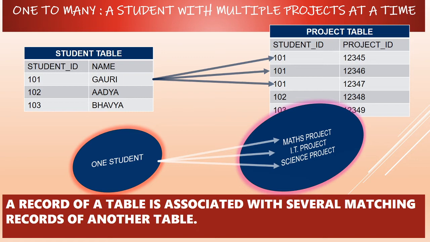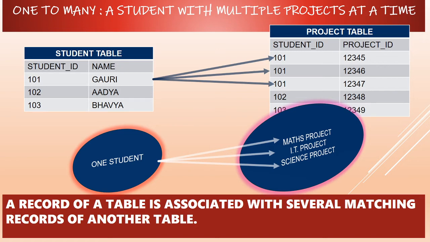So let's take the same example of the student named Gauri, who has project IDs associated in another table for various subjects, that is 1, 2, 3, 45, 1, 2, 3, 46, 1, 2, 3, 47. So the same student is associated with three projects. Here in the second table, the project table, the project ID is the primary key, whereas student ID is the foreign key.